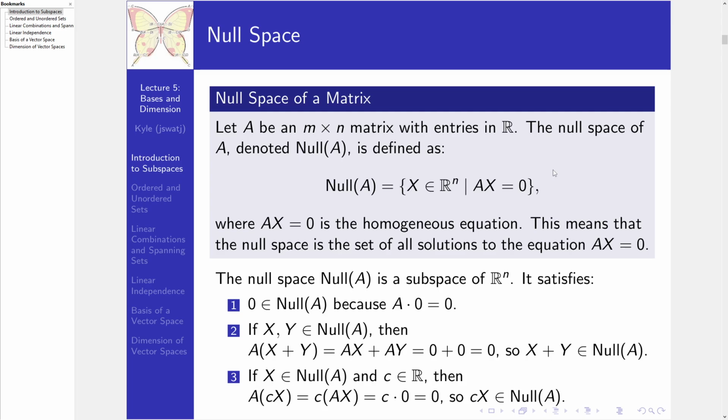So the null space is in fact a subspace because 0 is in the null space of A, because A times 0 is 0. Any 2 vectors in the null space of A, we can add them together and distribute. This is using matrix properties that you probably are already familiar with, so I don't have to explain it too much.